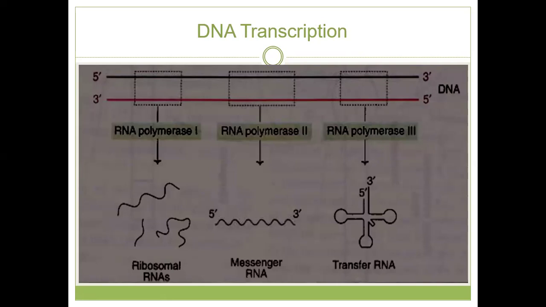If it is transfer RNA, RNA polymerase III is involved. In DNA transcription, a particular segment carrying particular information, for example for a particular protein, will be opened off. The DNA around that region will lose the helical structure and the strands will separate.